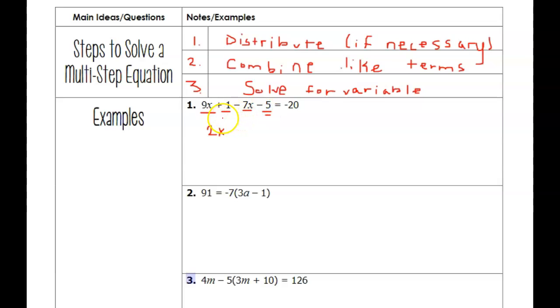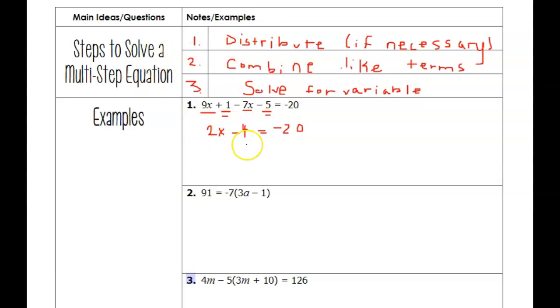I can think 1 minus 5 is negative 4, and that's equal to negative 20. Notice we made this multi-step equation into a nice little two-step equation, something we're familiar with.